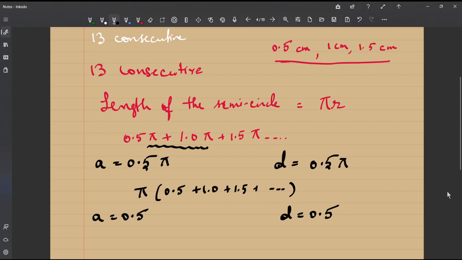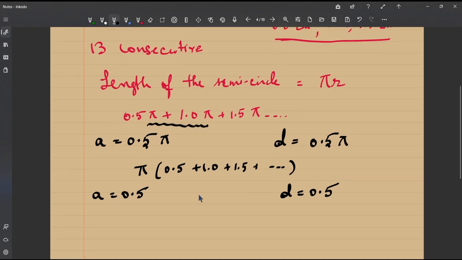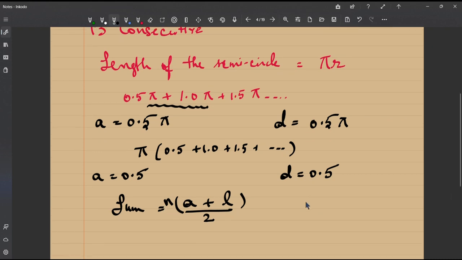And the last term is denoted by a plus n minus 1 d. So the sum would be given by first term plus last term by 2, which is the average, multiplied by the number of terms. So, in short, the formula can be written as 2a plus n minus 1 into d, the whole thing multiplied by n by 2.